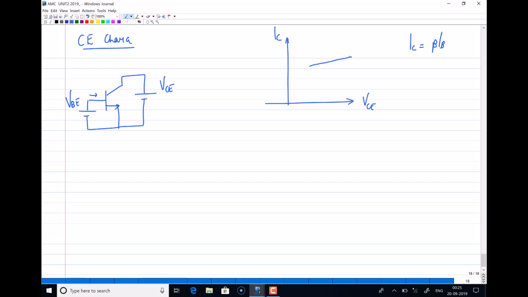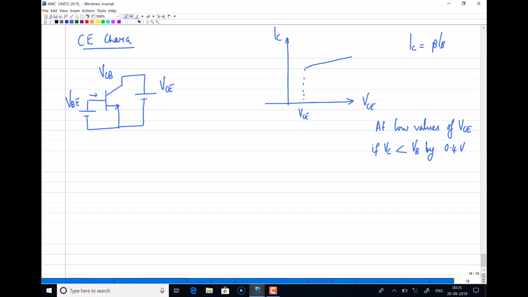Now this is the same graph we developed in the previous lecture. For low values of VC, or if VC goes less than VB by some 0.4 volts, what I am looking at here is this VCB voltage.